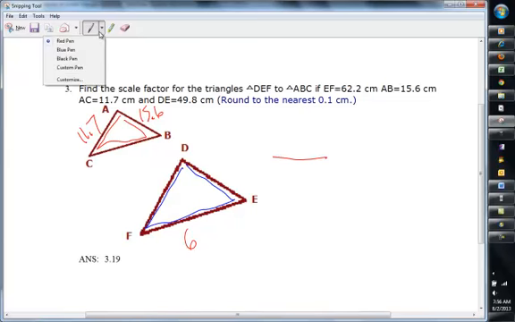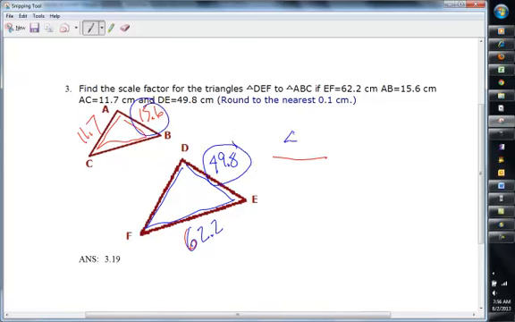Now let's switch to the blue color. E to F is 62.2. D to E is 49.8. So the two that match are these two. 49.8 is on top, 15.6 is on the bottom.